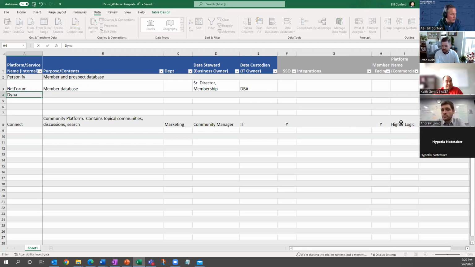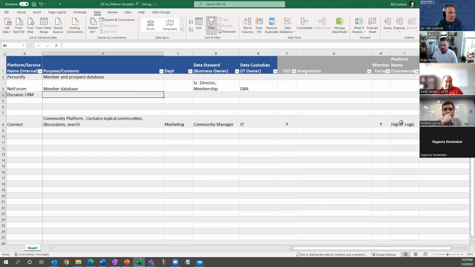All right, Dynamics. And is that not the branded versions, not one of the AMS products based on CRM? Correct. Okay, cool. Dynamics CRM. And do you keep... so that's obviously for your member data, but is there prospect data in there as well?